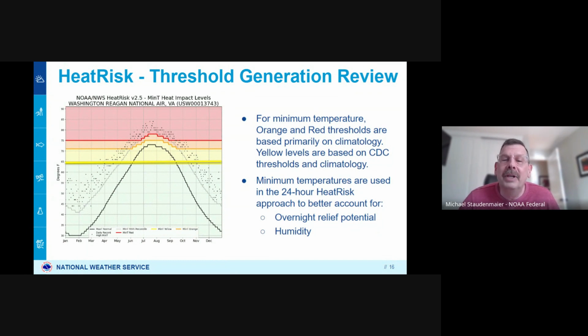The second reason we include minimum temperatures in the approach is because we can leverage the general correlation between elevated humidity and elevated minimum temperatures, which we all know is a core concept of Meteorology 101. We leverage this relationship in a few different ways in a heat risk approach. One area we do this is by lowering the red spring and fall shoulder values, those flat red lines on the minimum temperature curves, in more humid climates, and we actually raise them in more arid climates to better account for the role of humidity.